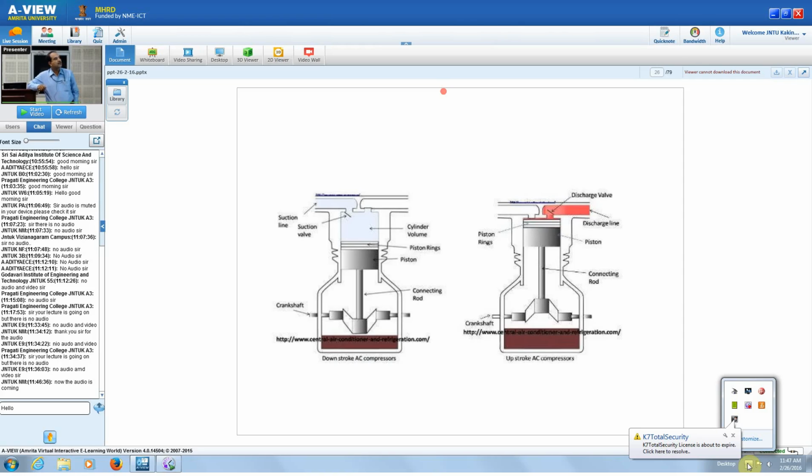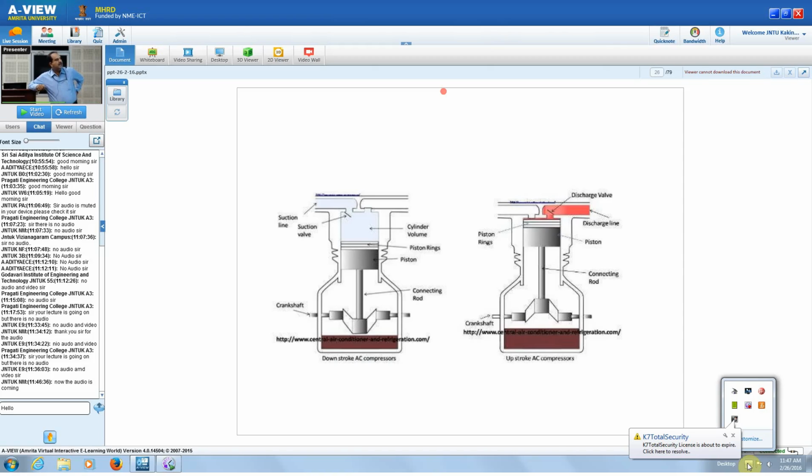See here, this will be light color and this is red color. Through this it will discharge. There is a valve here, a small line. It will open to enter into the condenser. Right? That's why the temperature is high here. It is shown in red color.